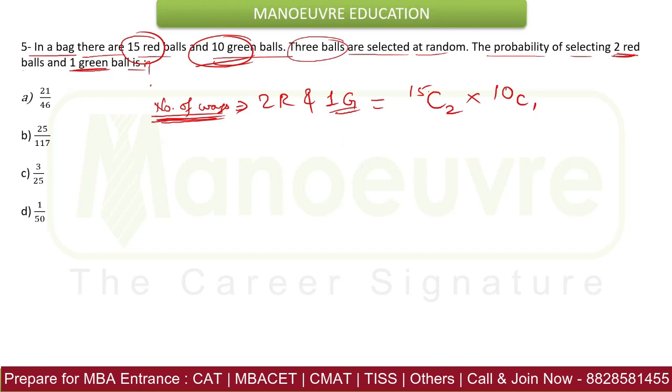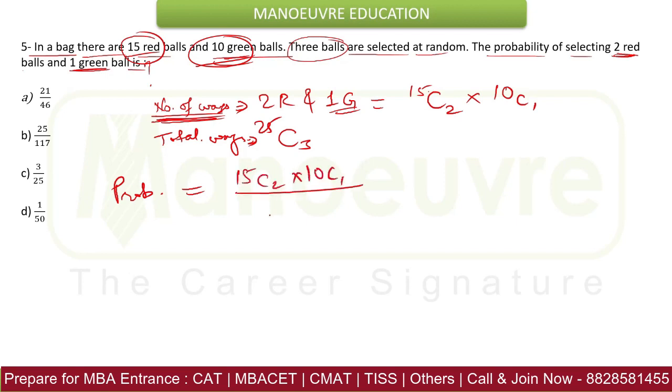We have to select 3 balls out of total, 15 plus 10, that will be 25. So this will be total ways. Hence the required probability will be 15 C2 into 10 C1 divided by 25 C3.